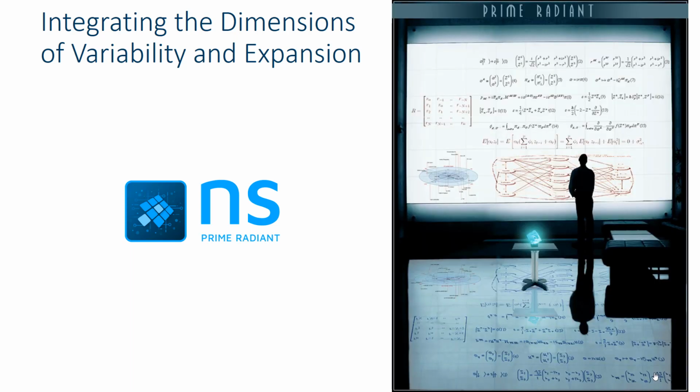And the prime radiant is named after the famous device in the Foundation series of Isaac Asimov, where it is a device that allows you to see and distinguish structure in an otherwise chaotic and complex universe. So the prime radiant is a tool that should allow you to master the various dimensions of variability, to have a structured overview and to combine them without them becoming entangled.